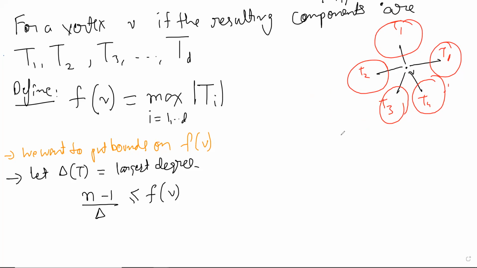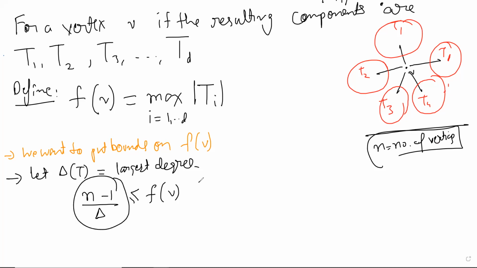Right, that's what we are trying to say. N is the number of vertices. Let me give the motivation for this once again. If you can understand this function, which gives you the size of the largest component, then you would know that the size of the largest component will be at least this, and the smallest of the largest components will be at most this. Then you have a bound.